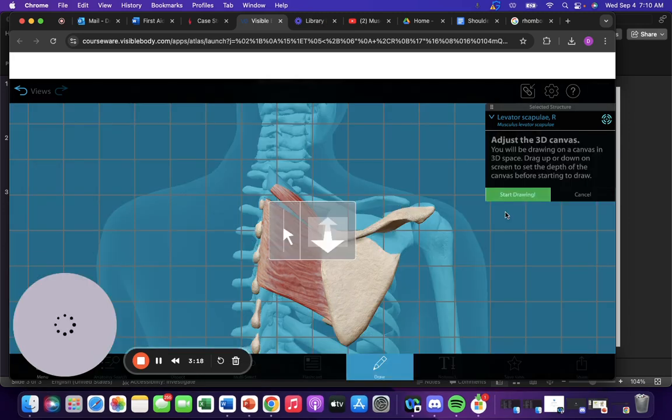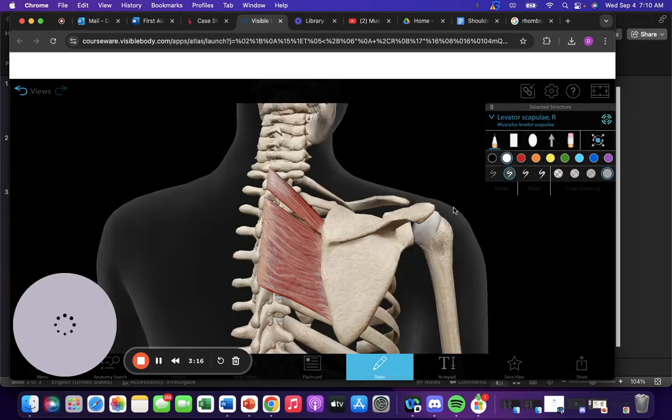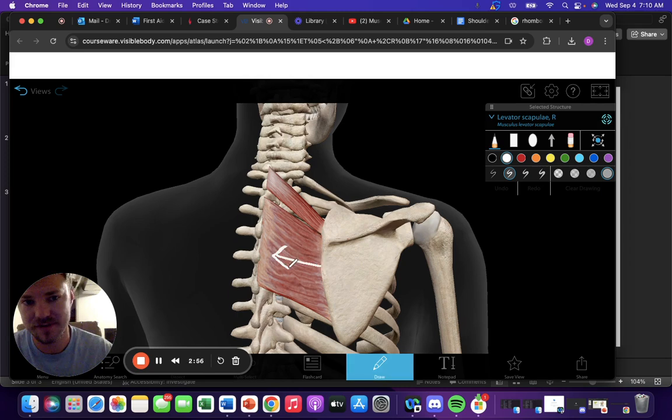Let's draw a little bit on this skeleton, guys. The biggest one is going to be scapular retraction. As we can see, it originates there and inserts on the spine, so the insertion moves towards the origin. With scapular retraction, it's going to move medially towards that spine.